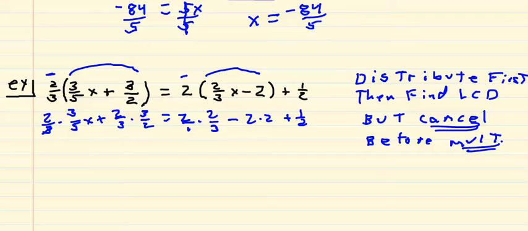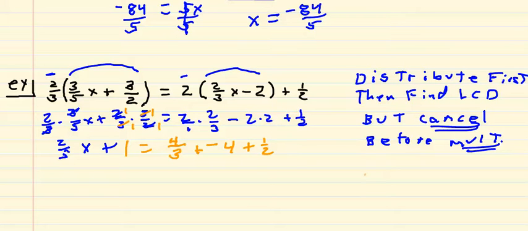A lot of you that are struggling do not do this. So 3's cancel. I get 2/5 x plus 2's cancel. I get 1 and 1. 3's cancel. I get 1 and 1. So down here, I have 1 equals 2 times 2, 4 over 1 times 3, 3 plus minus 4 plus 1/2. My least common denominator between 5, 3, and 2 is 30.